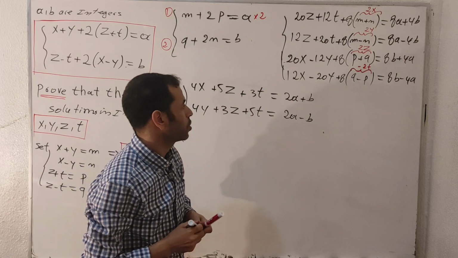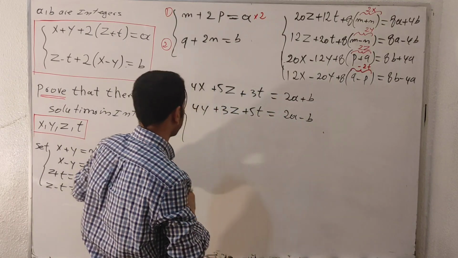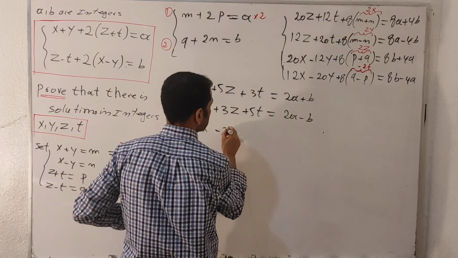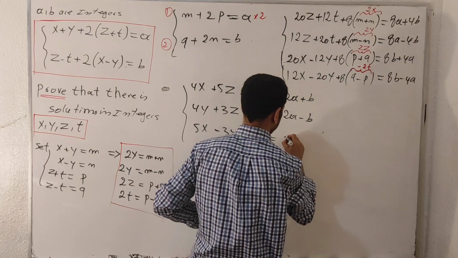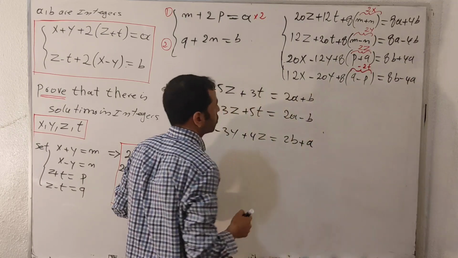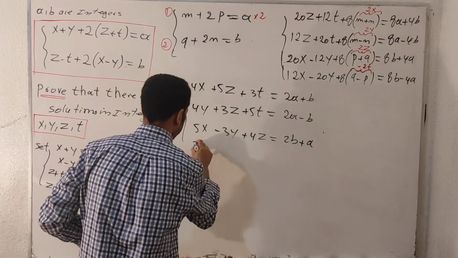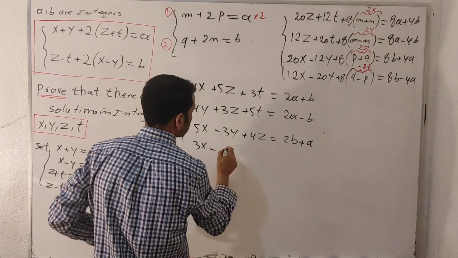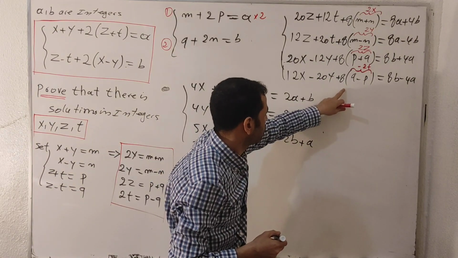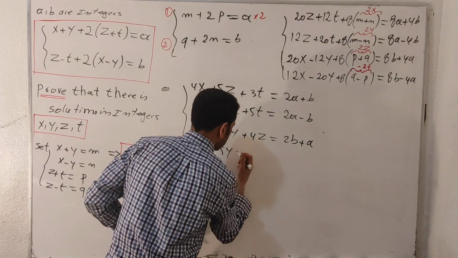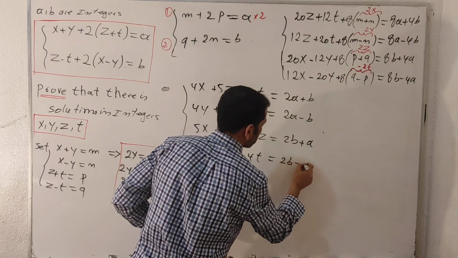As for the third equation, I will have 20x divided by number 4. I will get 5x minus 3y plus 4z equals 2b plus a. For the last equation, I will get 12x divided by number 4, I will get 3x. This one is given as minus 5y minus 4t equals 2b minus a.